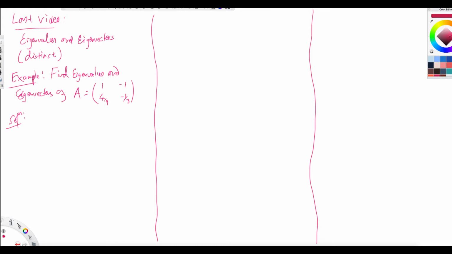So let us do first one example that has a repeated eigenvalue case. Okay, guys. So how do I find out the eigenvalue here?